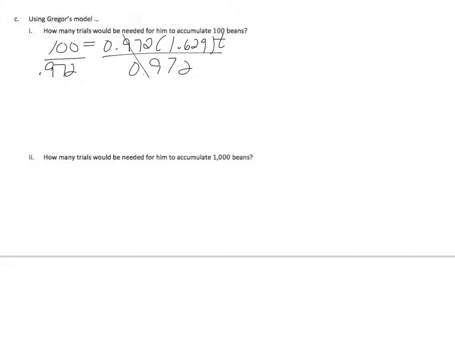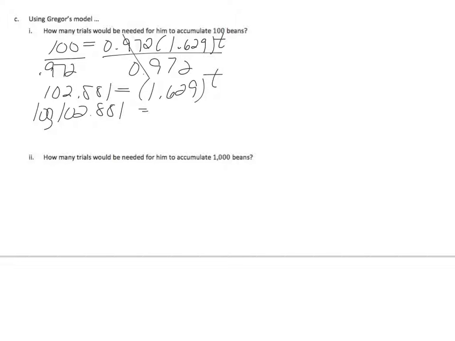972. I have 102.881 equals 1.629 to the t. Now I'm going to take the log of both sides. T times log of 1.629. Divide both sides by log of 1.629.